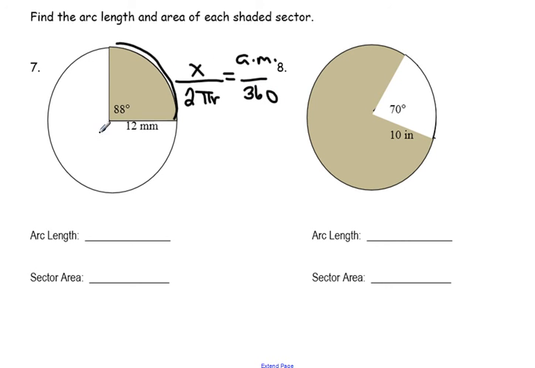So just looking for the arc length, x over 2 times pi times r, where the radius is 12. So 2 times 12 is 24 pi, and that equals the arc measure, which is the same as the central angle, 88 over 360.